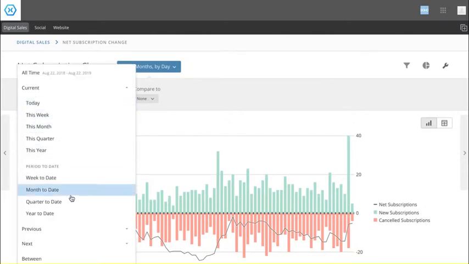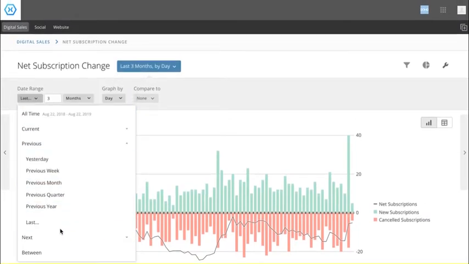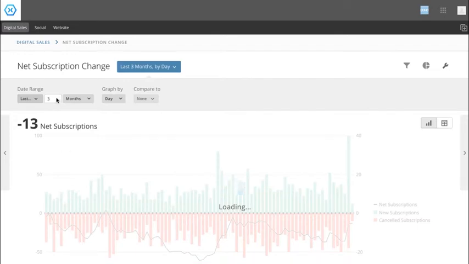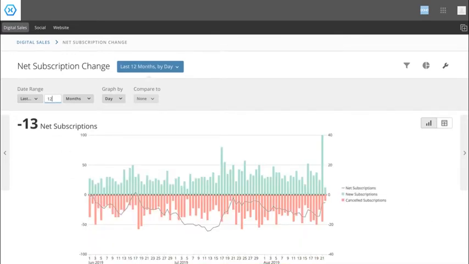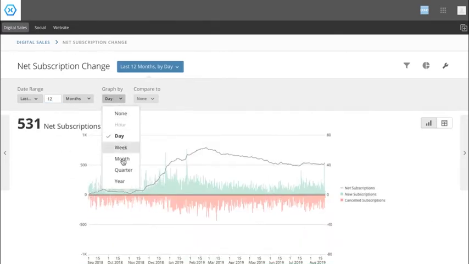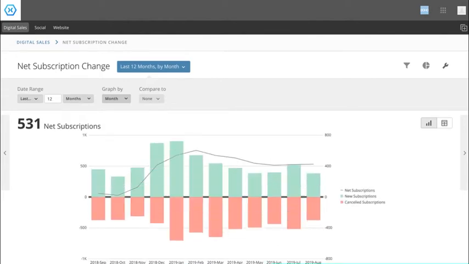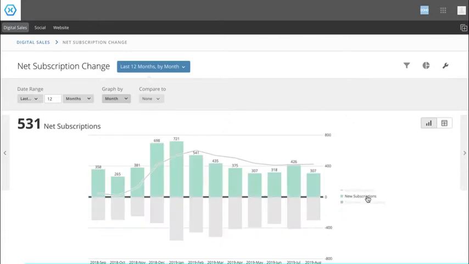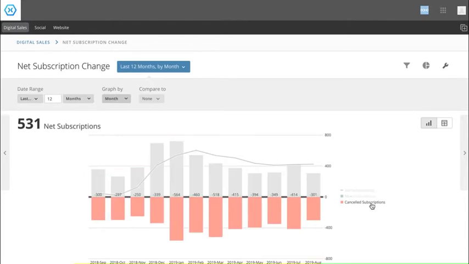For example, why don't we look at, let me change it to be the last 12 months here. And I'm going to graph it by month to see if we can see any crazy trends. All right, so with this data, now we're seeing in any given month how many new subscriptions we brought in versus how many are falling off.